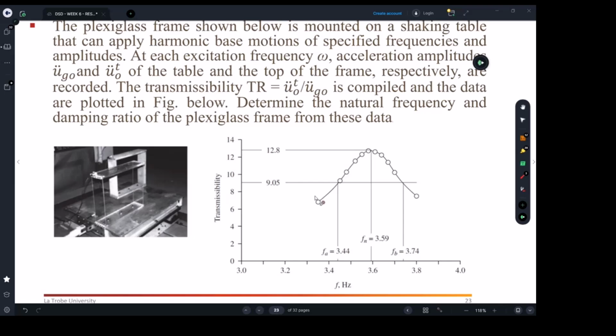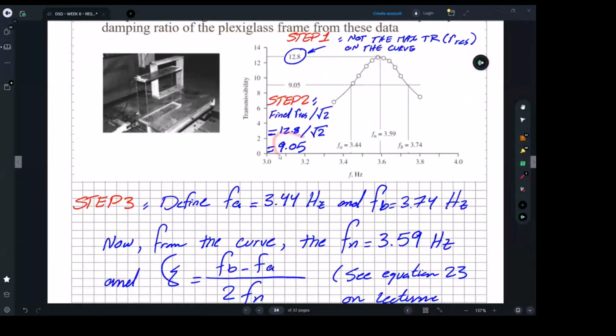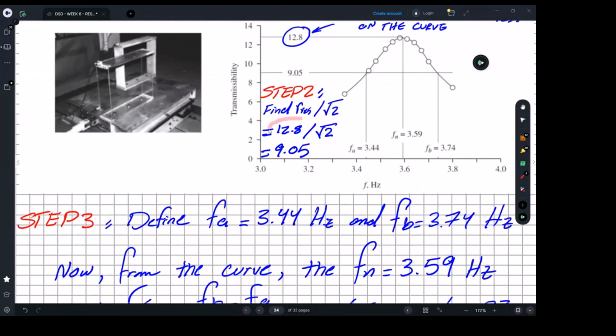But you need to know about the half bandwidth principle. In that case, you will need to work out the 0.707 level, which is the peak amplitude divided by √2. Then as you set your horizontal axis at that level, you will be able to determine FA and FB.